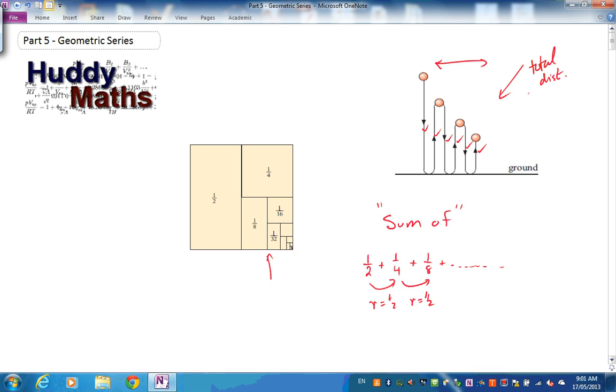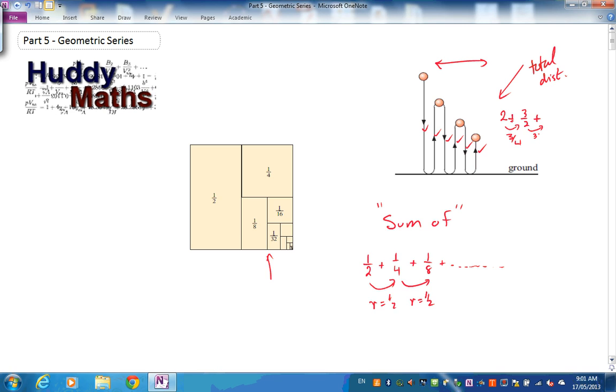Maybe the height at the beginning is 2 metres, and then it only bounces up, what's this, looks like about 3/4. So if we multiply it by 3/4, we get 3/2 or 1.5 metres. Get the idea?